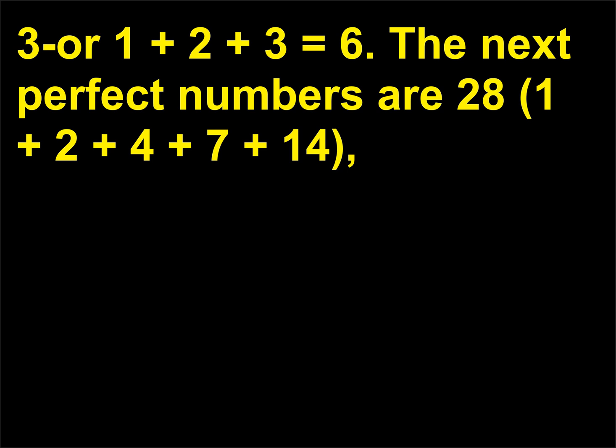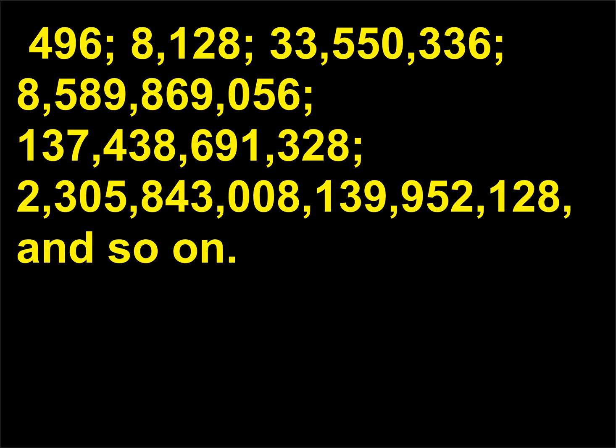The next perfect numbers are 28, which is 1 plus 2 plus 4 plus 7 plus 14, then 496, 8128, 33,550,336, 8,589,869,056, 137,438,691,328, 2,305,843,008,139,952,128, and so on.